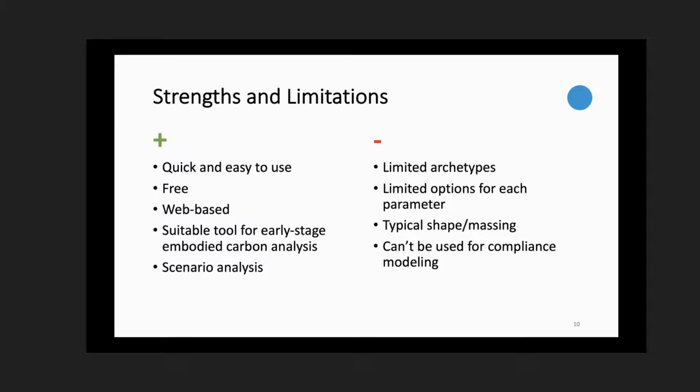So if you're using the tool for City of Vancouver rezoning or LEED or Zero Carbon standard, it would be a powerful tool to guide you in the design and help you reduce your impact. But as you get to compliance modeling and submission to those entities, then you would need to use some of those other LCA tools. And with that, I pass it over to Patrick.